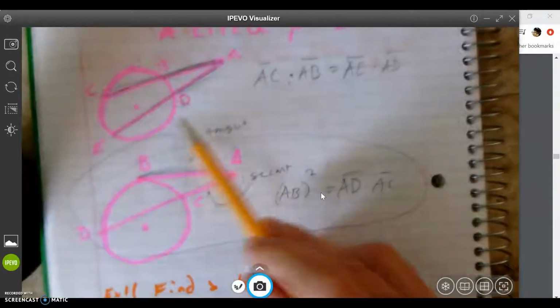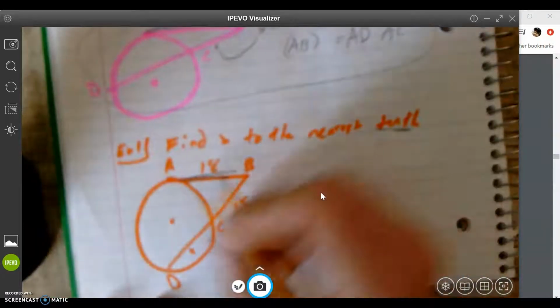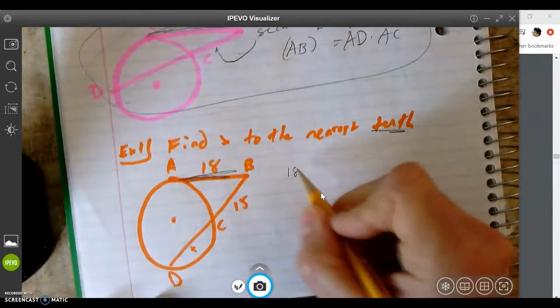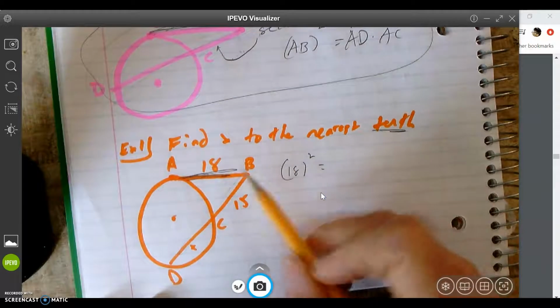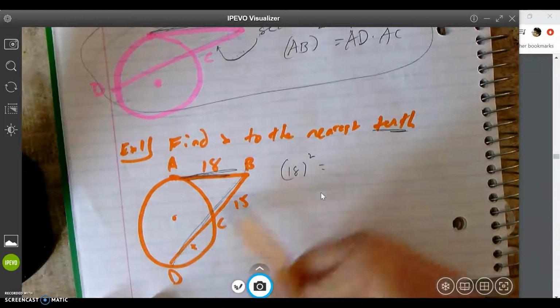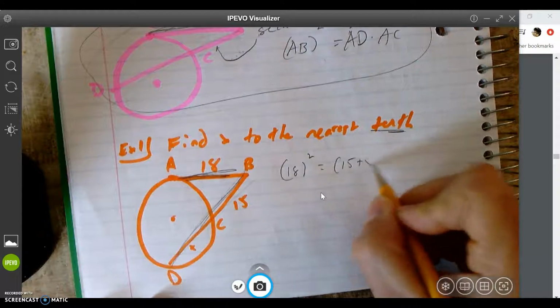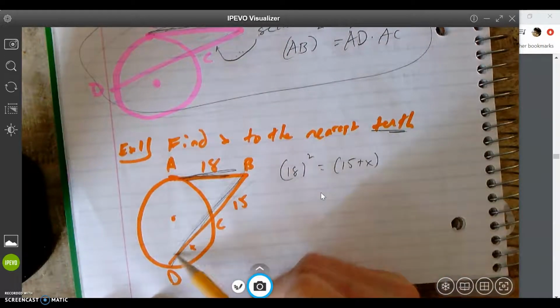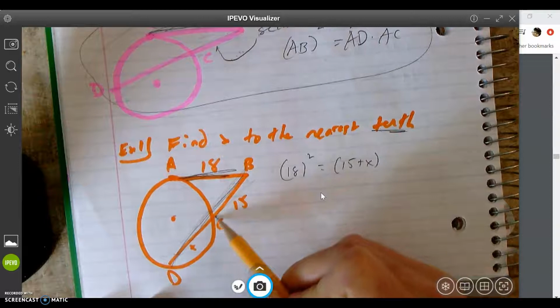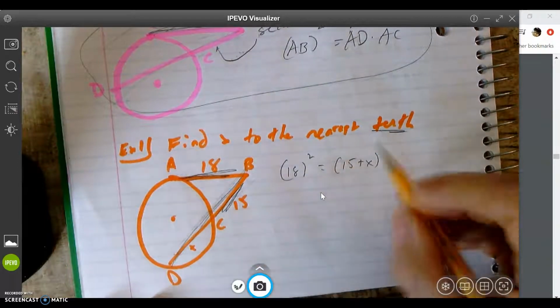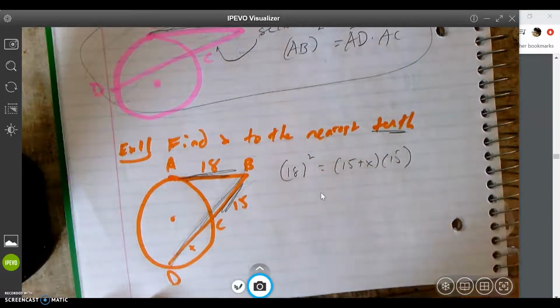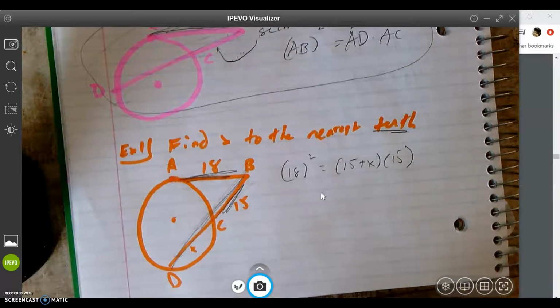We might use this one for our practice ones, but for this problem, it's just going to be this one. So that means the tangent line squared equals the whole thing. So that's B to D, or D to B. So that's 15 plus x. So that's the whole thing, 15 plus x, times just the part outside the circle, which is 15. There you go. So how do we solve this thing?